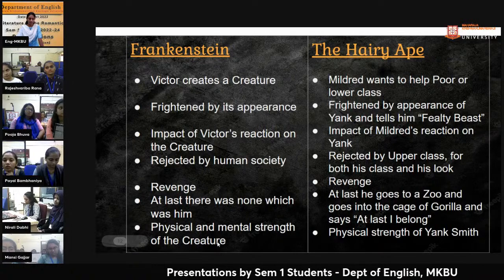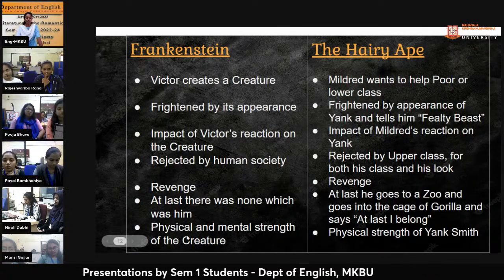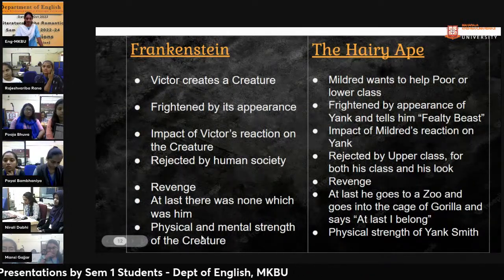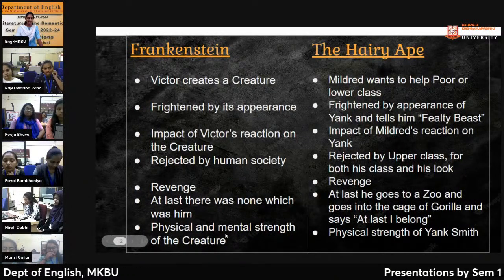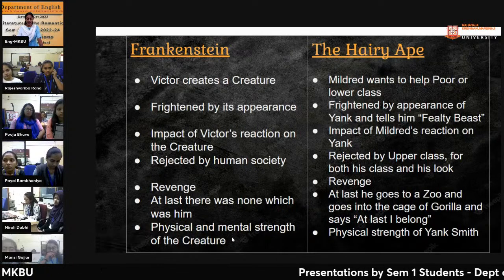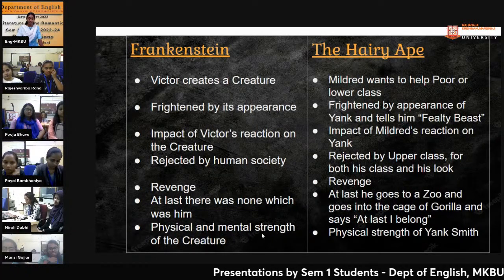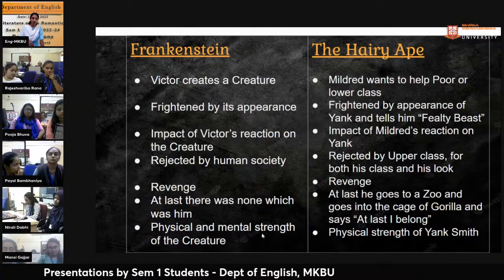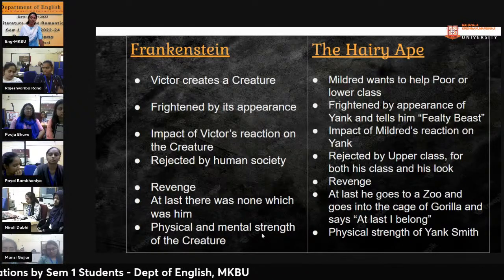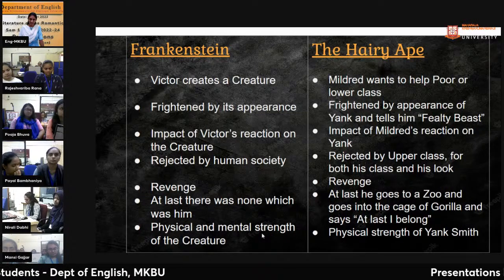Here, in both texts, one point can be noted very well. The creature has physical as well as mental strength, and in the novel we can see that when he was born, he was not taught how to read or write.